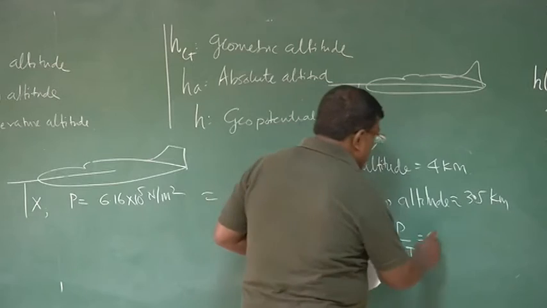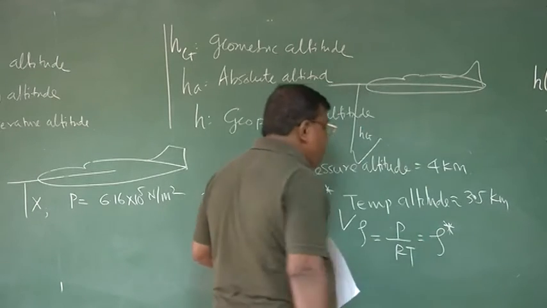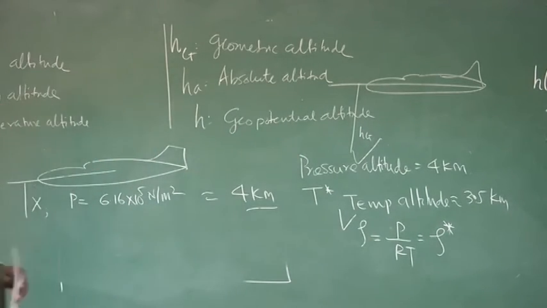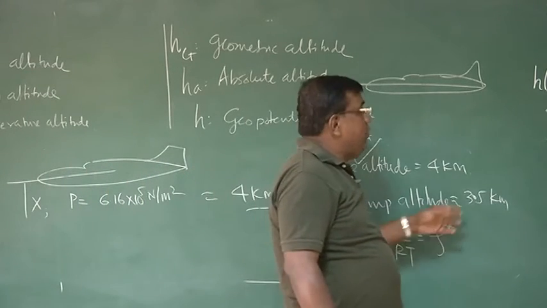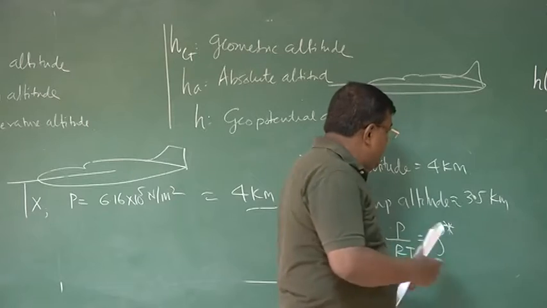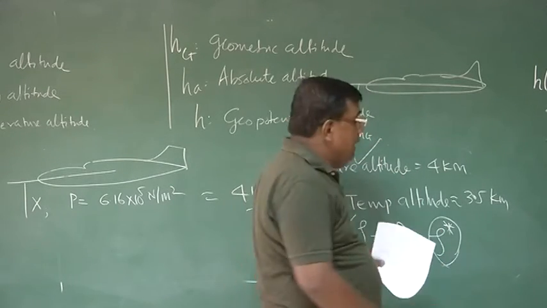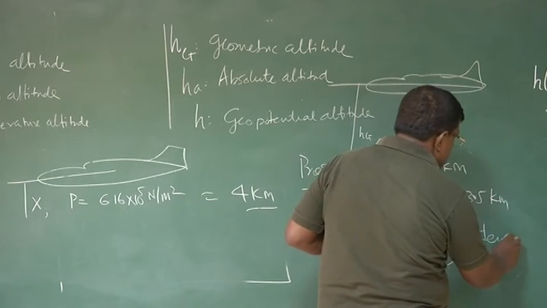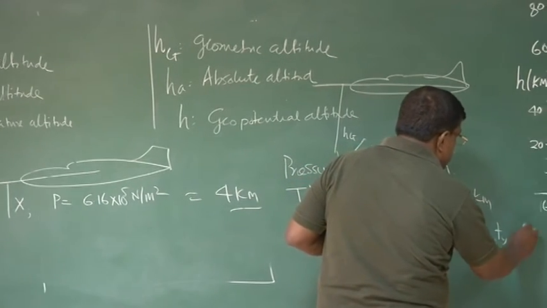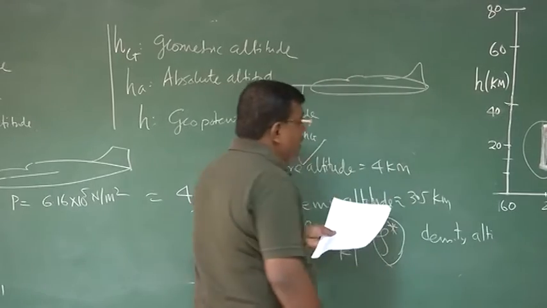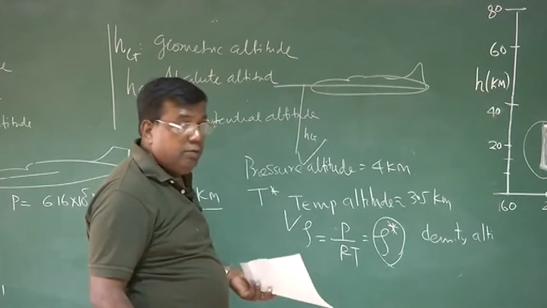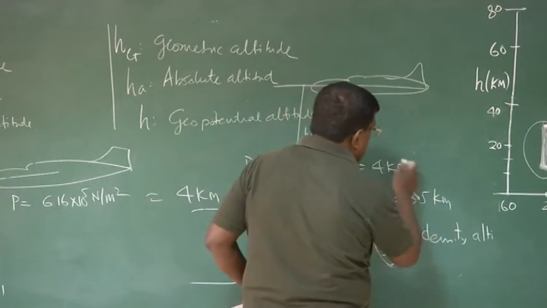Let's say it is rho star. Now to get the density altitude, I have to again go back to the standard atmosphere and see this rho star corresponds to what altitude, and that is called density altitude. Again, that may not be 3.5 or 4, that could be anything other than this.